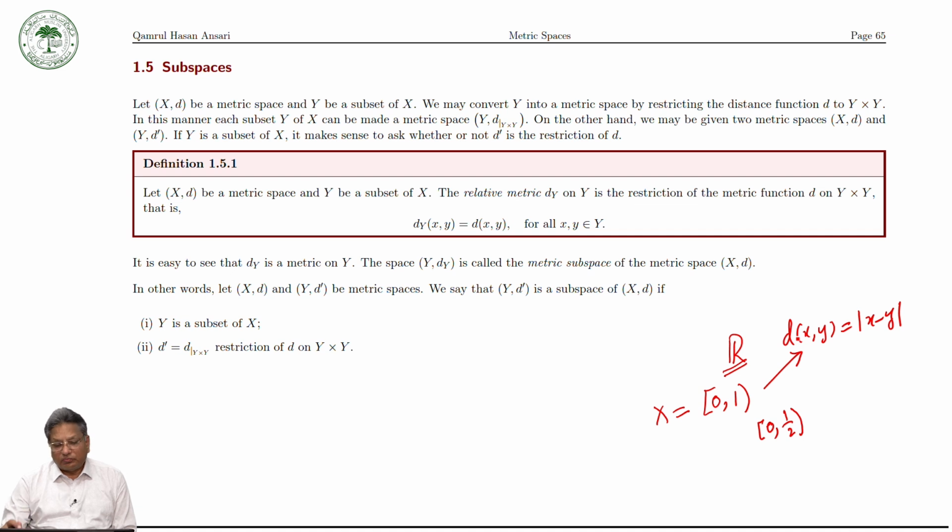So that's why we are studying this, to clarify how we can check whether a set is open in the subspace or in the whole space or not.